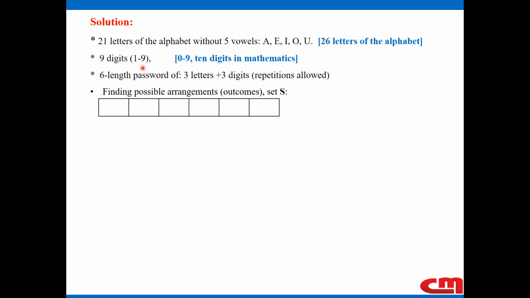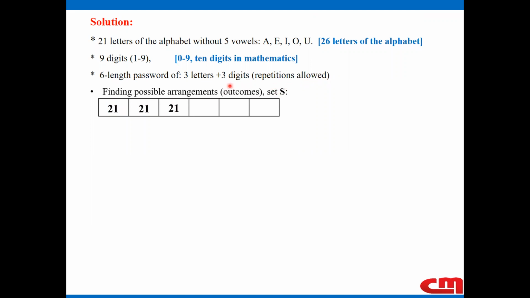Therefore, the fact that we have 21 letters means that on the first position, any of the 21 can occupy it. That means we have 21 choices. For position number 2, the fact that repetitions are allowed means any letter that was on position 1 can also be put on position 2. So we still have 21 choices. The same can be said of the last position for the letters. We still have 21 because repetitions are allowed.